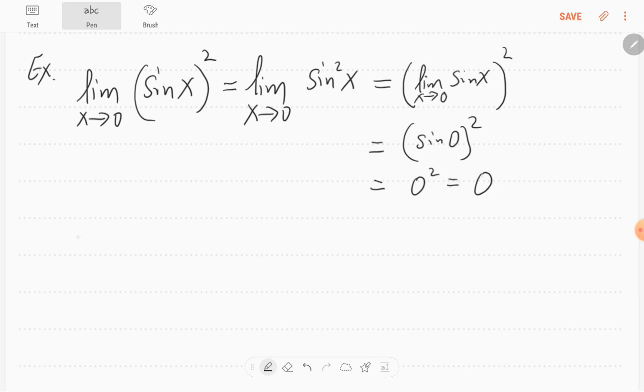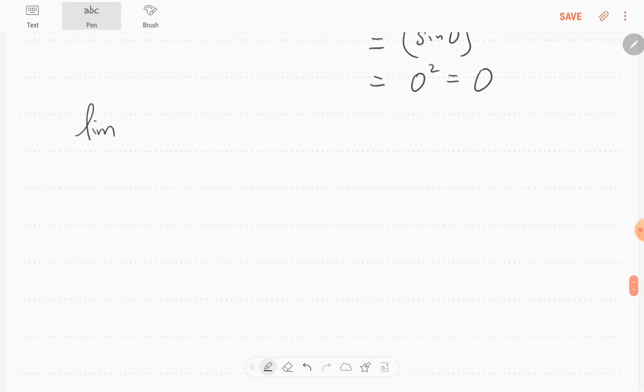Okay, so now let's look at the limit as x approaches e. e is a constant, about 2.7. Natural log of x cubed. Take this limit. And we can use the basic law number 9, the law of composite functions.